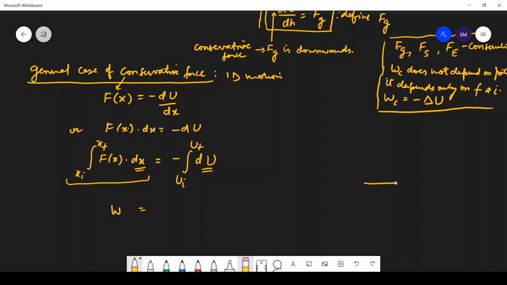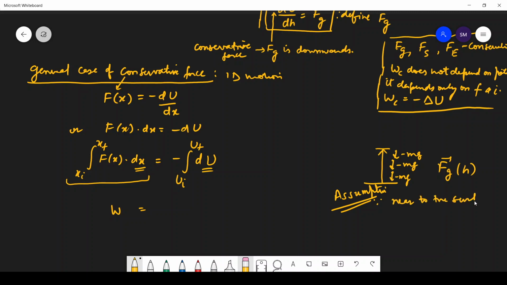Sir, then why are you taking the same conservative force here, minus mg, here also minus mg, here also minus mg? Why are you taking it the same when this conservative force, which is gravitational force, depends on h? Why are you not varying it? Because this is the assumption I have taken. It actually varies, but I have assumed that near the surface of Earth, g is constant.